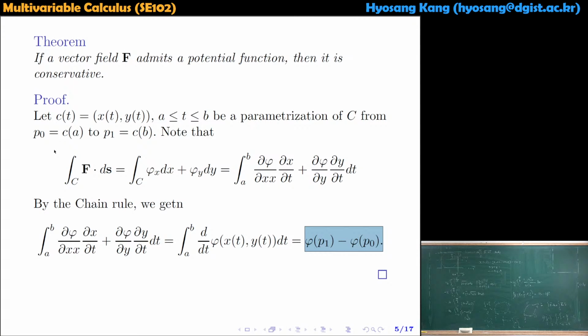So what we have computed is that the line integral is the same as the difference between the potential function at the starting point and end point. So this result doesn't depend on the parameterization of C or the shape of C. It only depends on the starting and end points. So it's a conservative vector field.